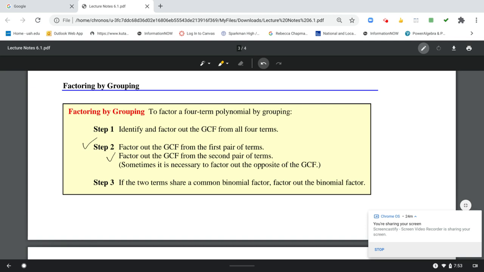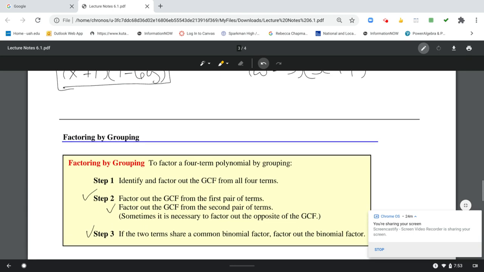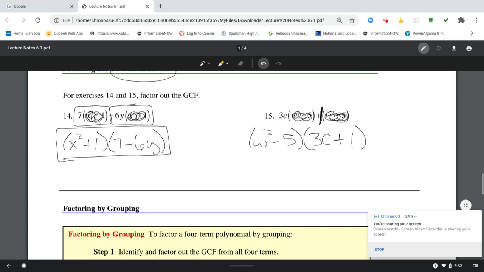Sometimes it is okay to factor out a negative if your leading number is negative, and I'll show you one of those. And then step 3, if the two terms share a common binomial factor, or if their parentheses group is exactly the same, you can factor that out and do what we did up here in these two problems, 14 and 15.